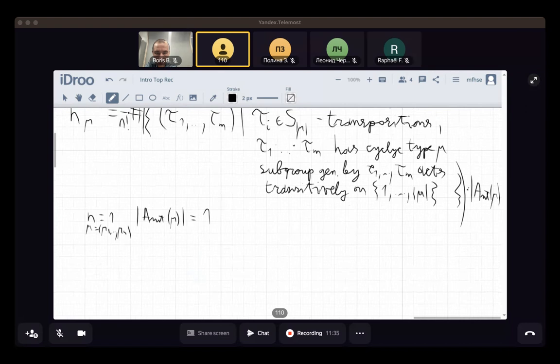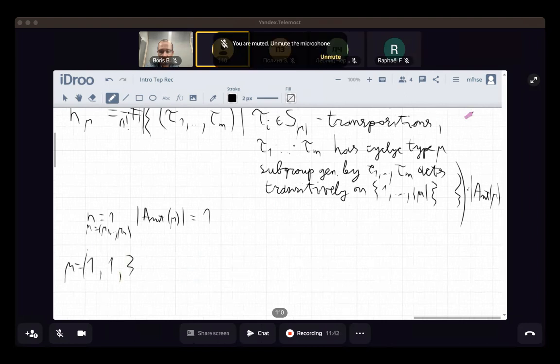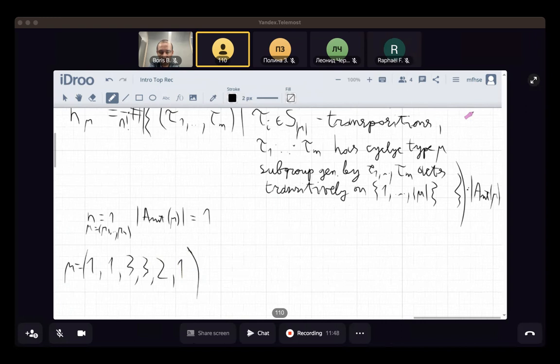So mu is equal to 1, 1, 3, 3, 2, 1. What is the number of automorphisms? 6 times 2. Yes?